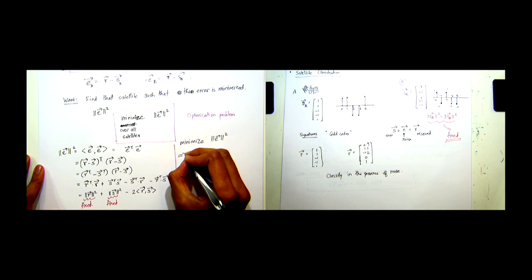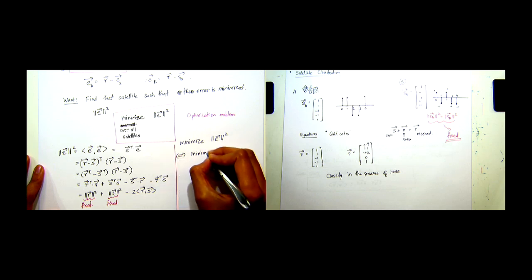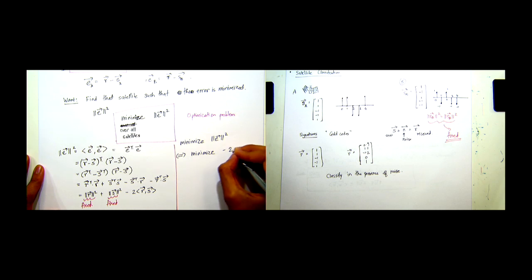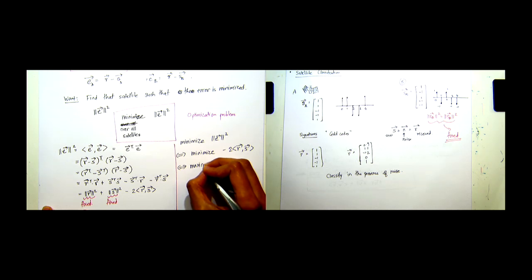This is the same as minimizing minus 2 inner product of R and S. So instead of minimizing a negative quantity, what's an easier way of writing this? Maximizing a positive quantity. And if I maximize some number x, is it the same as maximizing 2x? Does this 2 matter? Not really. So I can rewrite this as maximize the inner product of R and S.